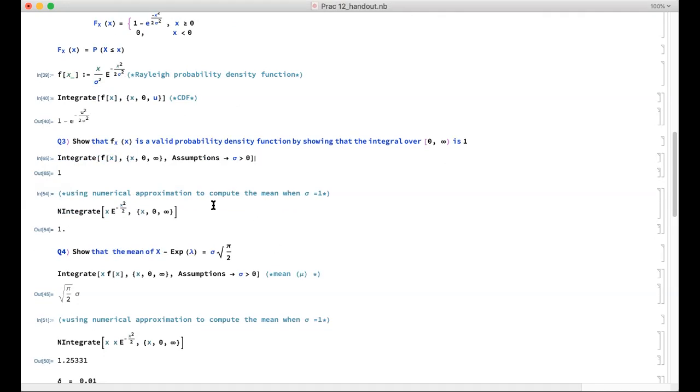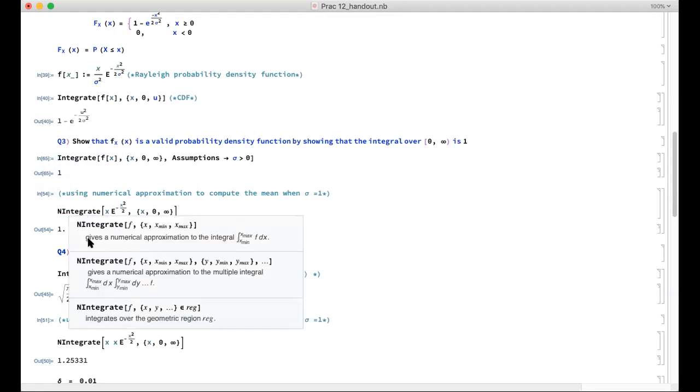Okay. You could also do this integration using the Riemann sum, which is using NIntegrate. NIntegrate gives an approximate integral value using the Riemann sum, and you could check the help function, numerical approximation to the integral.